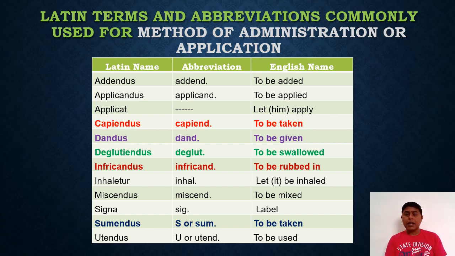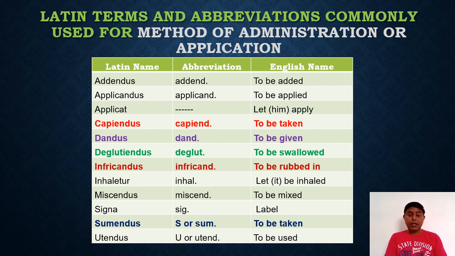Then the Latin terms and abbreviations commonly used for method of administration or application. Here also, a few of the terms used in Latin can easily be understood in English because, like addendum, we know add, that is, to be added. Applicandus, that is to be applied.